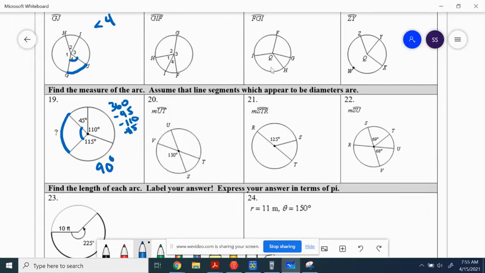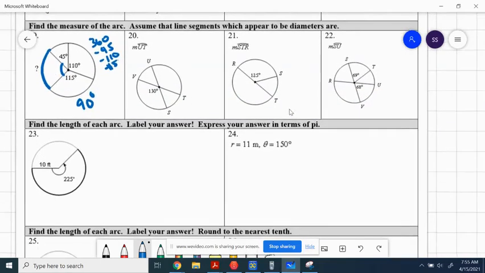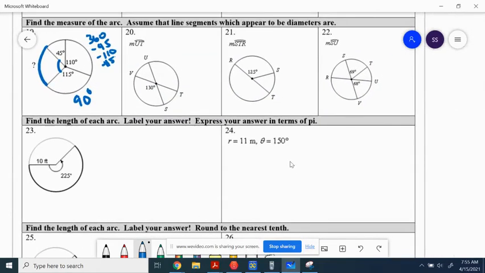Okay. All right. I think you guys should be able to do 21 and 22 based on your knowledge of full circle is 360 and a half a circle is 180 degrees. That should be enough for you guys to do those.